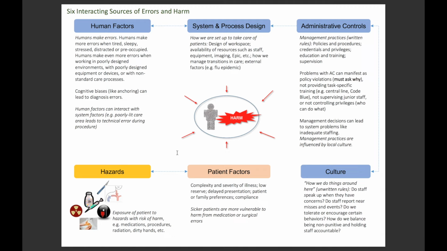Many times when things go wrong, our first response is to punish. And part of the reason why we don't speak up is we're afraid of being punished. Because we've grown up in a reward environment where if you're the best student and you do the best, you're going to get rewarded, and anything short of that is a punishment. But for patient safety, it's really important to separate out holding people accountable versus punishment.